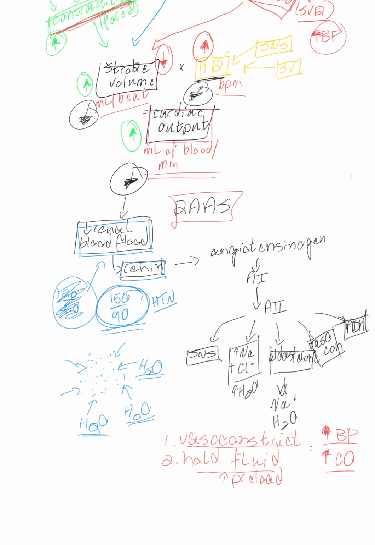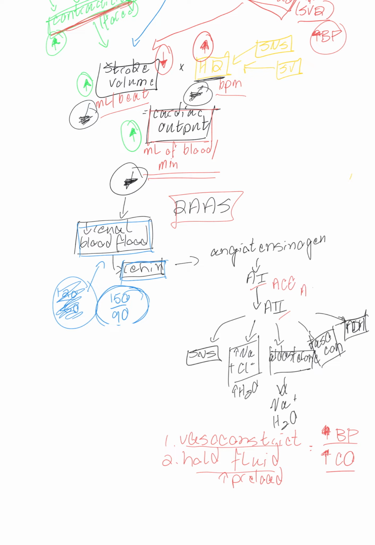And that's why hypertension can be so tricky to treat, because you are actually fighting against the renin, angiotensin, aldosterone system when you are trying to treat chronic hypertension. And that's why the antihypertensive meds work within this system. So angiotensin 1 converts to angiotensin 2 via angiotensin converting enzyme.